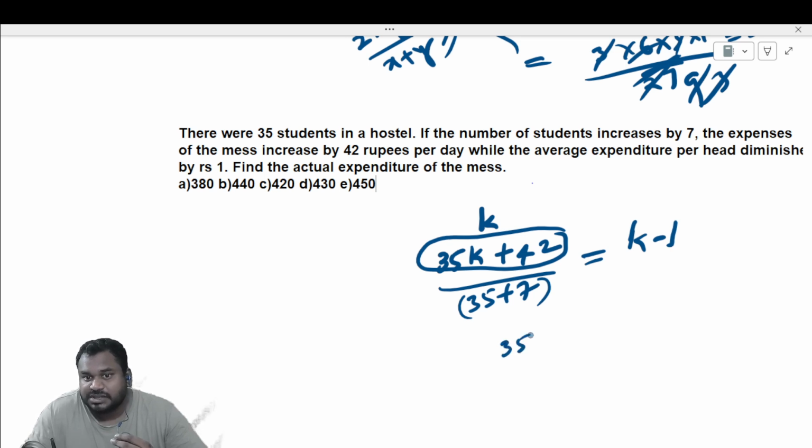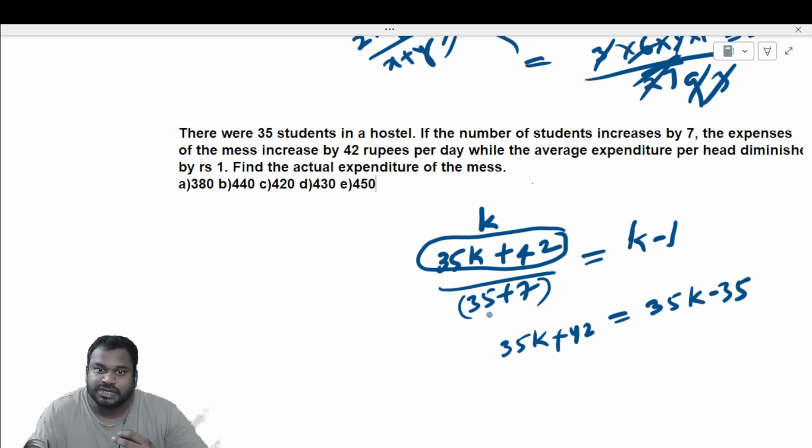So this would be 35K plus 42, divided by 42, equals K minus 1. So 35K plus 42 equals 42K minus 42.